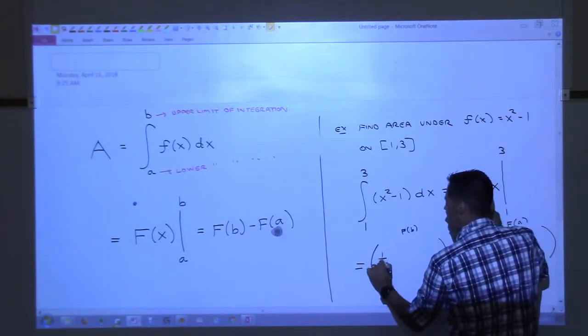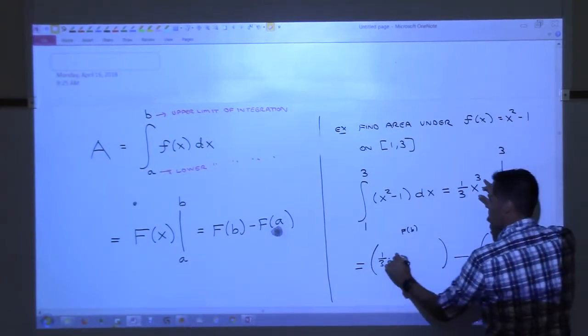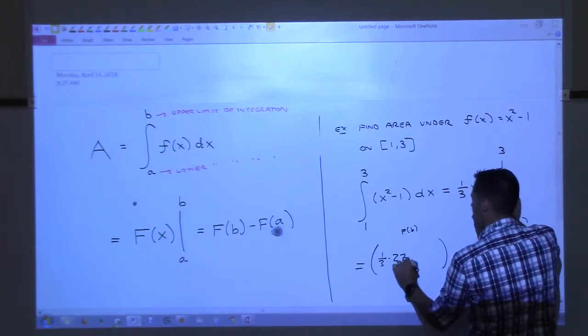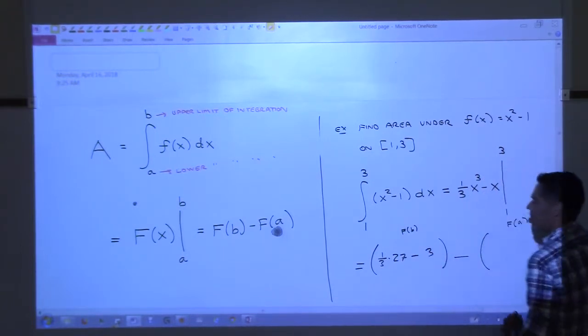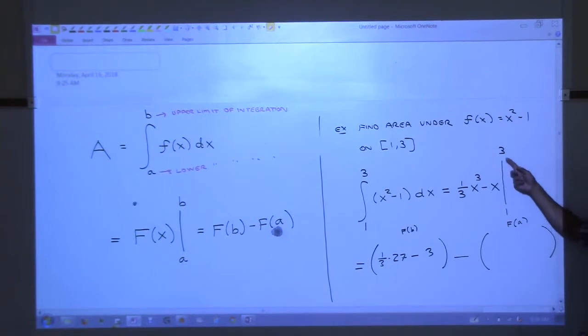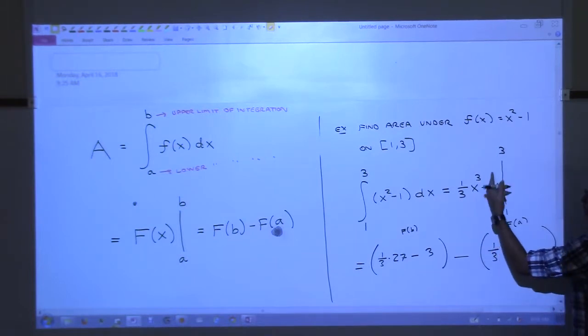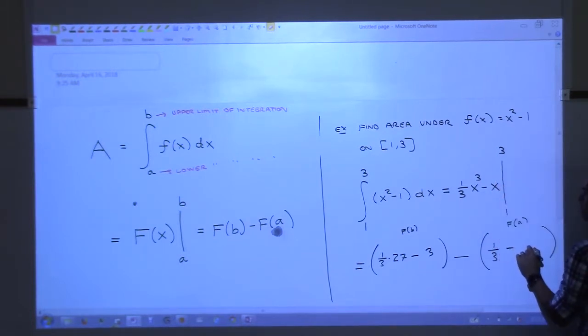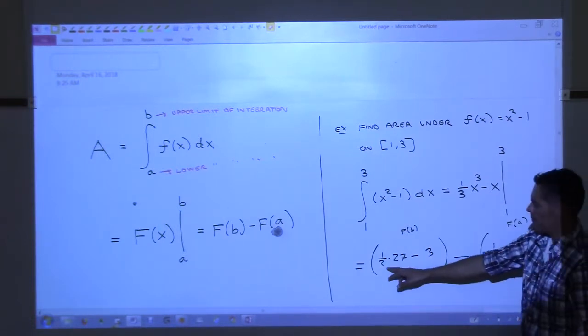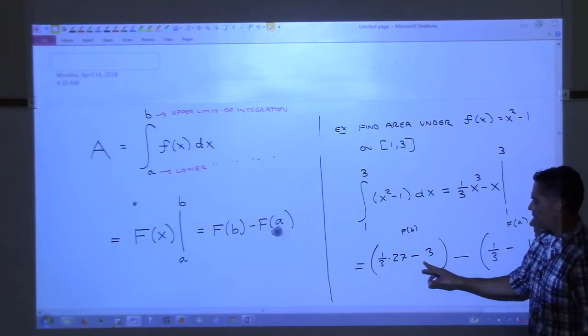We get 1/3 times 3 cubed is 27 minus 3. So that's 3 being plugged into this, right? Now plug in 1. So you get 1/3 times 1 cubed is 1, so minus 1. So that, right? What's 27 over 3? 9. 9 minus 3? 6.